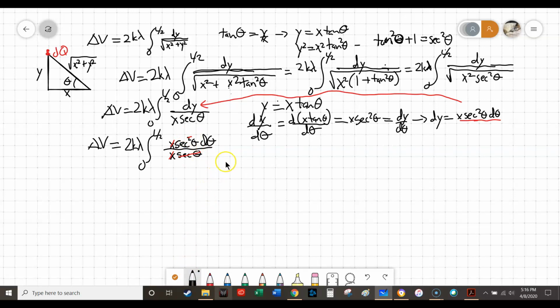And what this ends up becoming is pretty neat. I forgot my constants in the front: 2k lambda from 0 to L over 2 of secant of theta d theta.